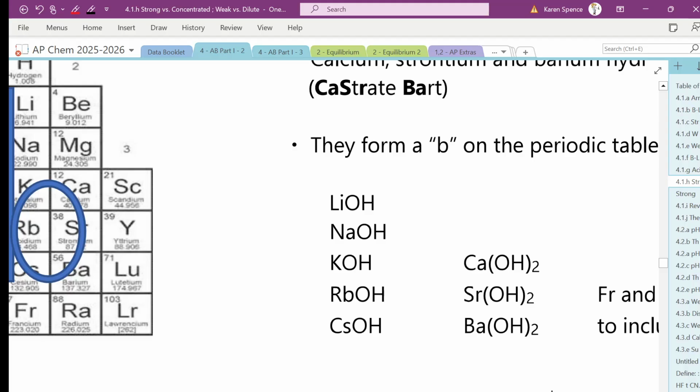On your solubility table in your book, it says that out of those 3 alkaline earth metals, only strontium hydroxide is considered soluble. So just go with whatever they tell you on the AP exam. You're not expected to memorize any solubility rules other than LMNO3. Okay.